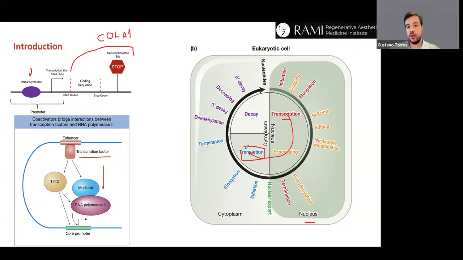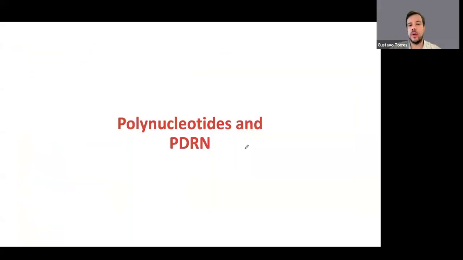So collagen is essentially produced there, outside the nucleus, and then it's exported from the cell as well. And this was what I wanted to talk to you about: one of the methods that include a multitude of mechanisms from molecular biology, which we have discussed, and then we can move on to DNA essentially.